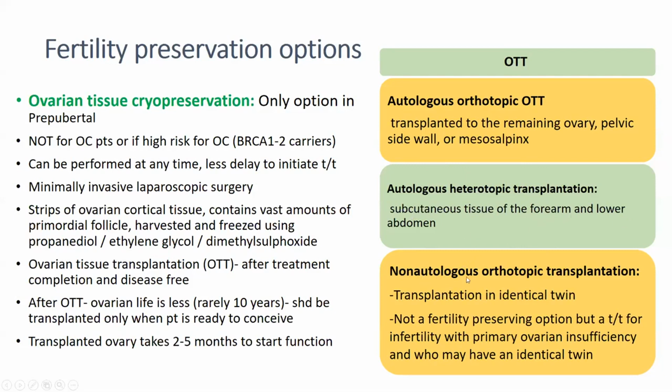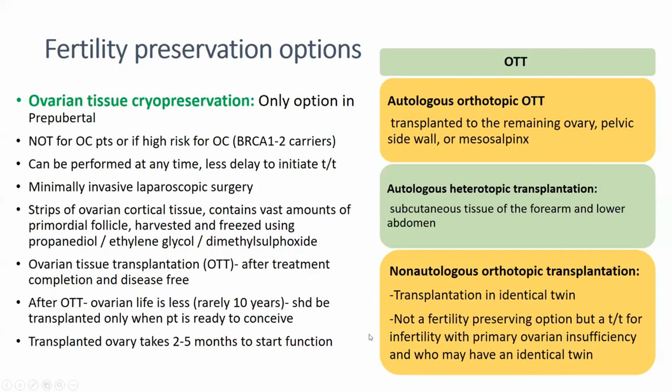And the third is non-autologous orthotopic transplantation, when the transplantation is done in an identical twin. Basically, this method is not for fertility preservation, but it is a treatment for infertility for this identical twin, where the ovary or ovarian tissue of the other identical twin is transplanted into this patient.